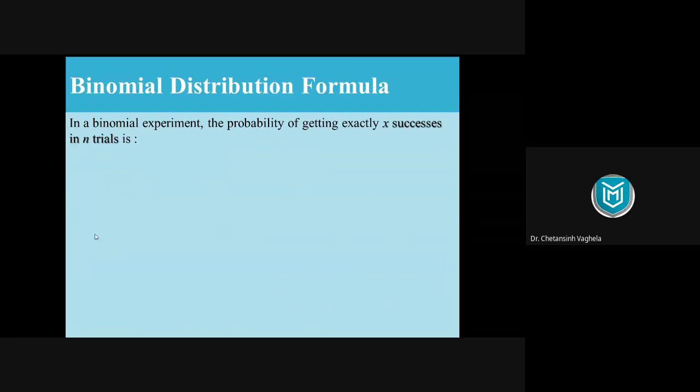In a binomial experiment, look, observe. The binomial distribution formula statement has started from the binomial experiment. We can deal with the binomial distribution if and only if we are dealing with a binomial experiment. पहले हमको पता होना चाहिए कि हमारा जो experiment है वो binomial experiment है, तभी वो distribution की बात हो सकती है.